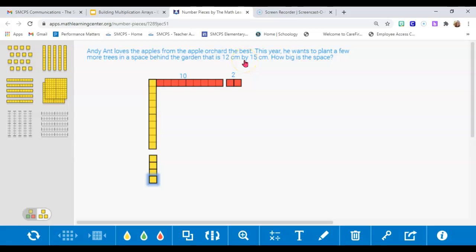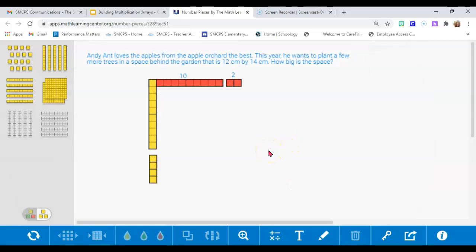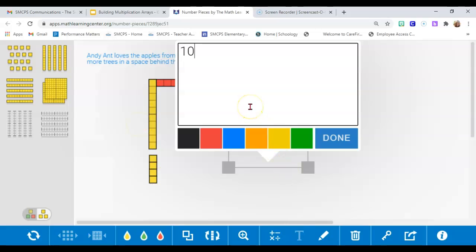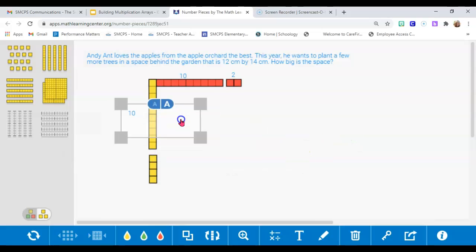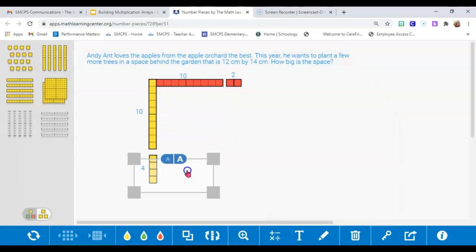And I know this problem says 15. We're going to change that to 14 and done. I'm going to keep these yellow so we can see the differences. So this would be 10 because it's a strip. And then we have 4 units. So now I can see all of my different pieces. And I know 10 plus 2 equals my 12, and 10 plus 4 equals my 14. So now I have all of my pieces.